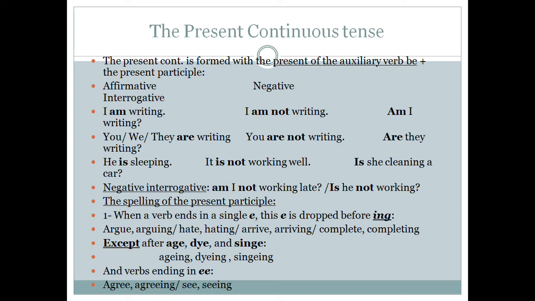For example, argue ends in E, only one E, not double E. Argue, arguing. So when we add ing, we drop the E. Hate, hating. Arrive, arriving. Complete, completing.